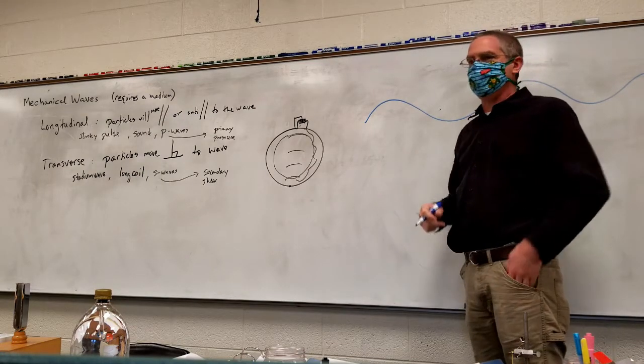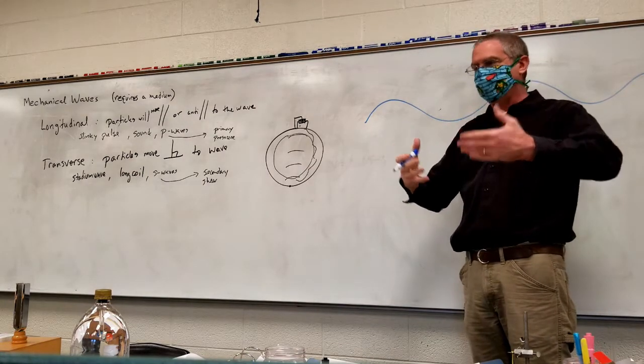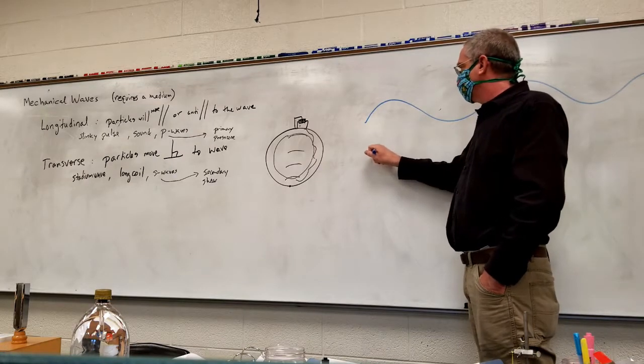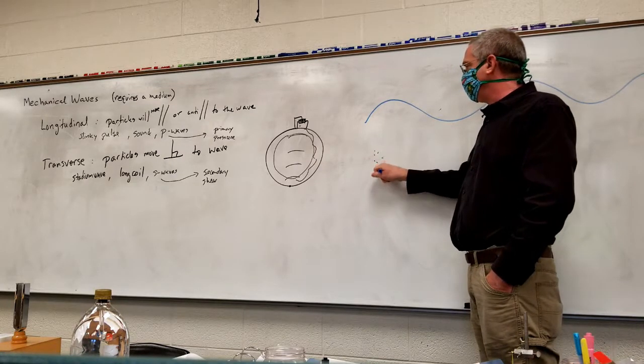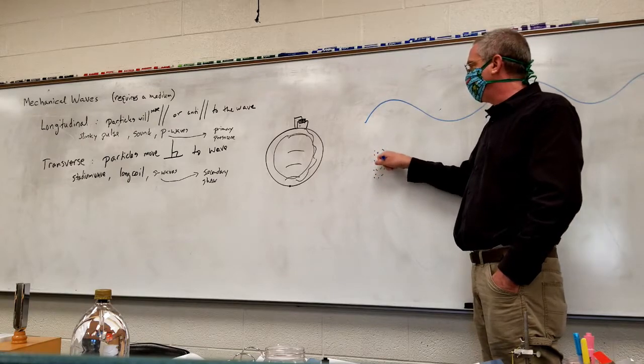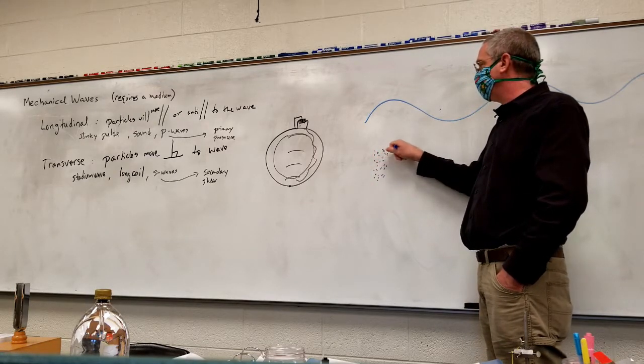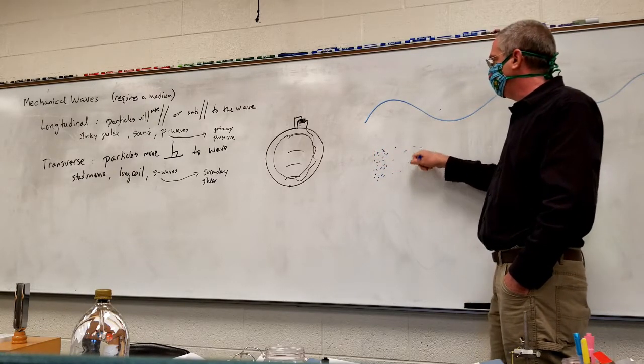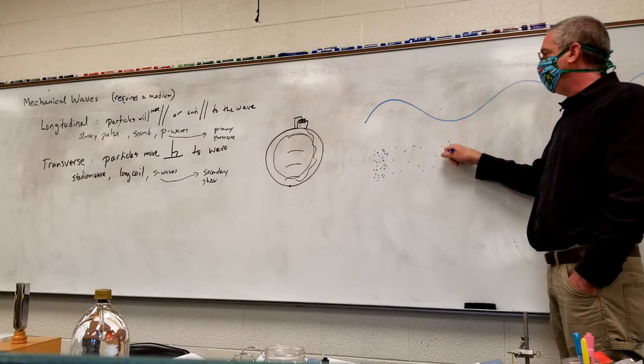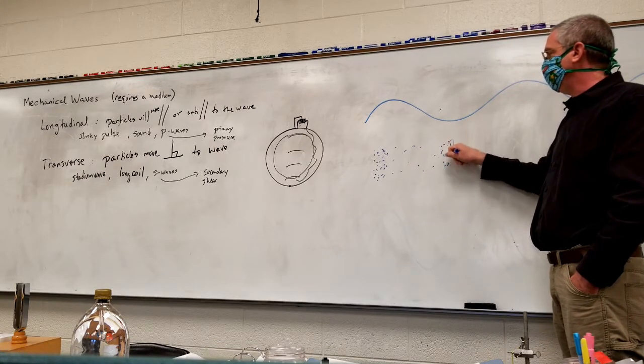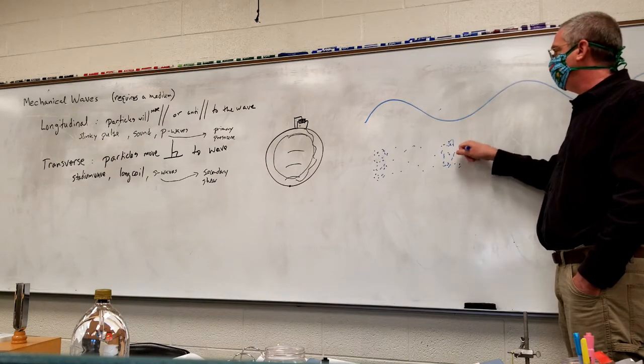So if I had sound transmitted, I could draw it with a series of dots here, representing the molecules really close to each other, and then they're less close. And then you get a point where they're really close again, and then less close.